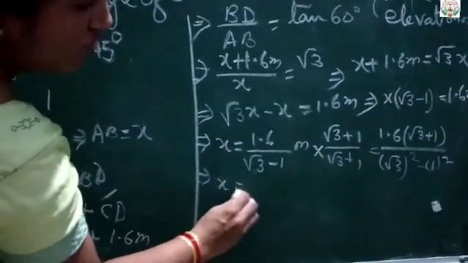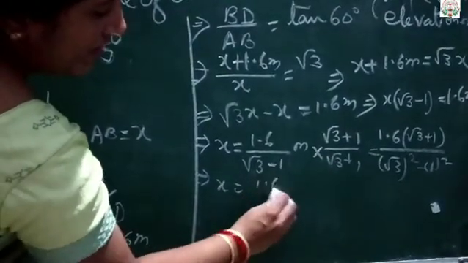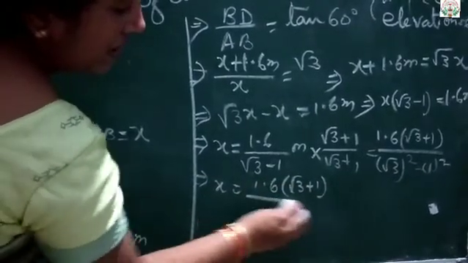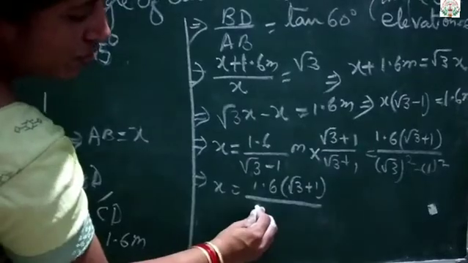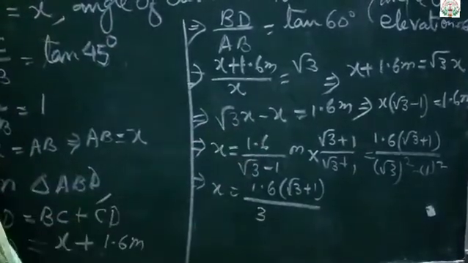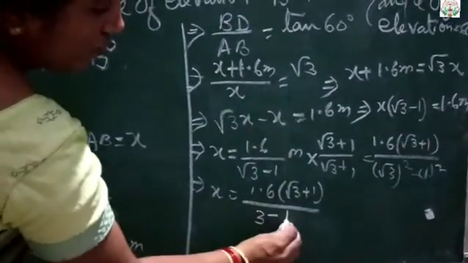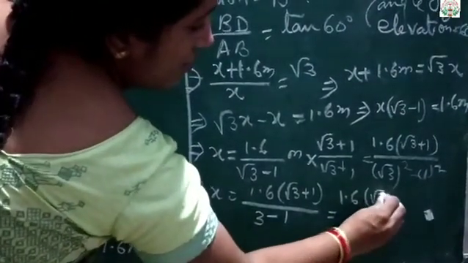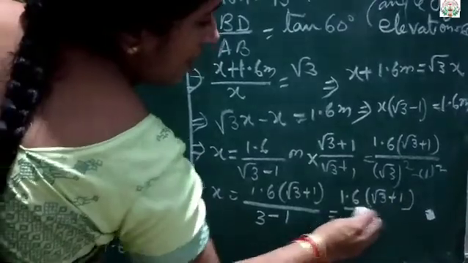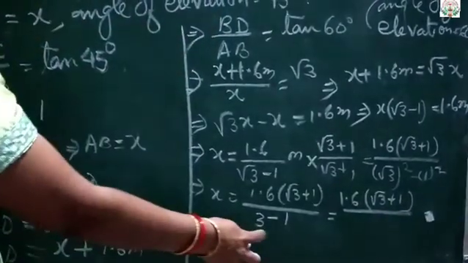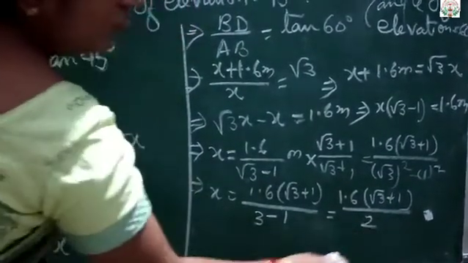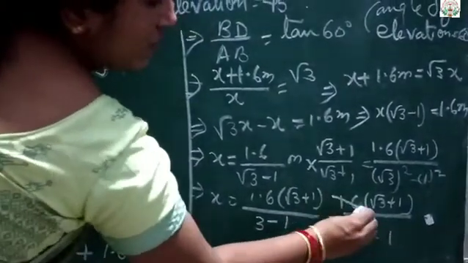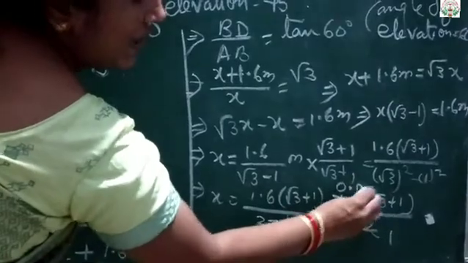Implies x equals to 1.6 into root 3 plus 1 upon, root 3 square is 3, minus 1, which gives 1.6 into root 3 plus 1 upon 2, since 3 minus 1 will be 2. 2 is divisible, so 1.6 by 2 gives 0.8.